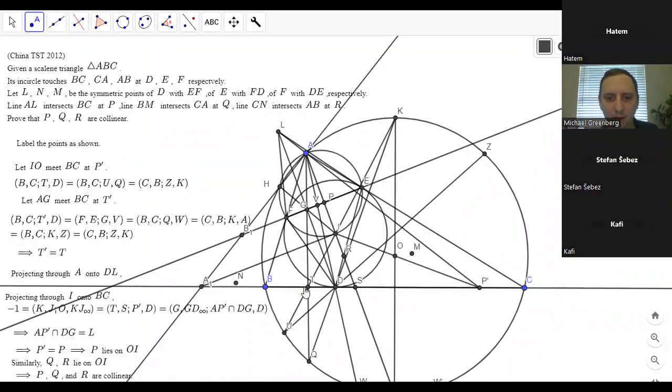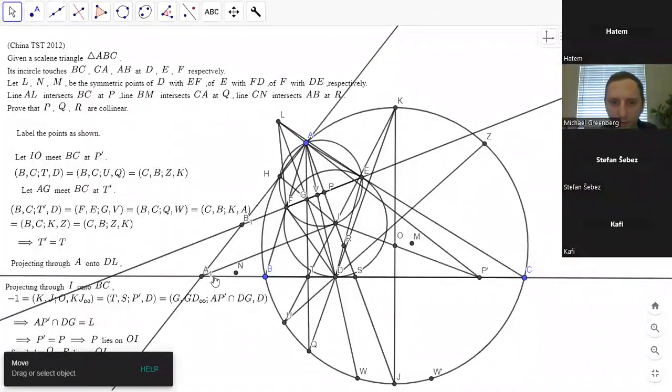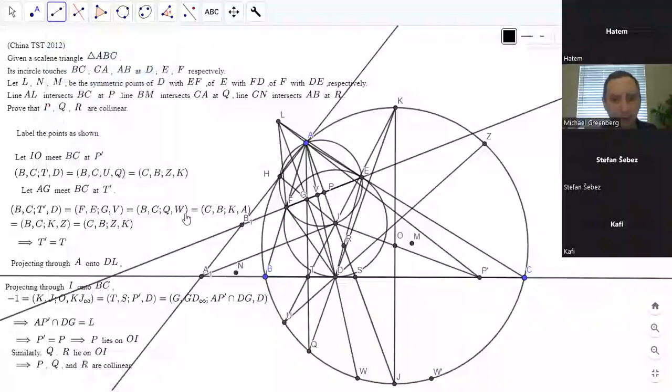Okay, so another claim is like A1, U, and J would be collinear. And that's all. A1, U, and J. Okay.